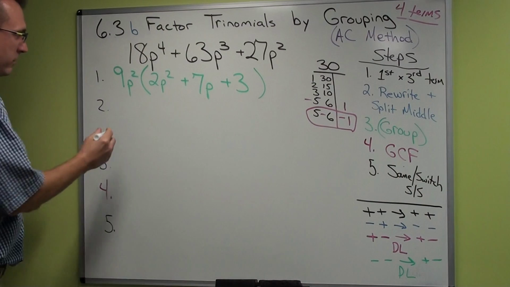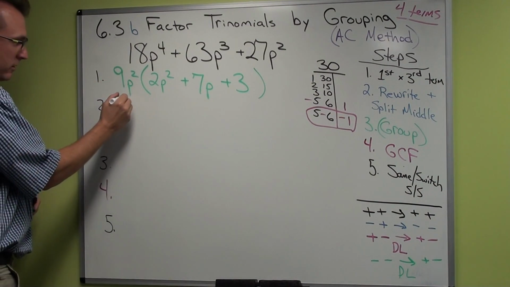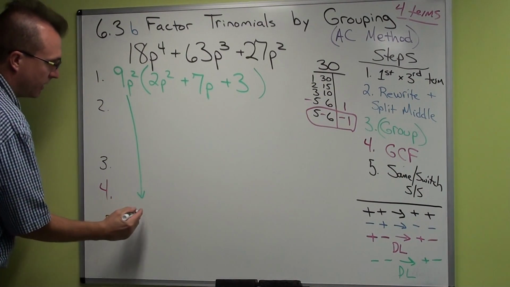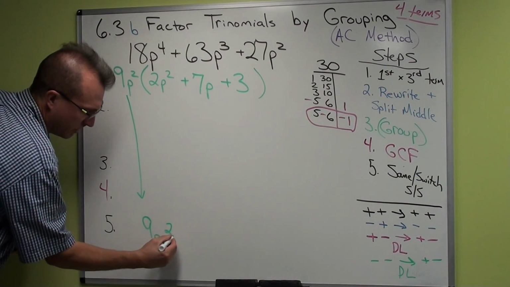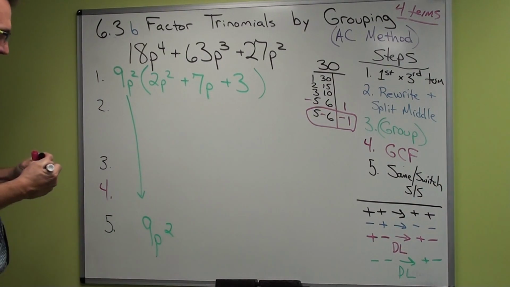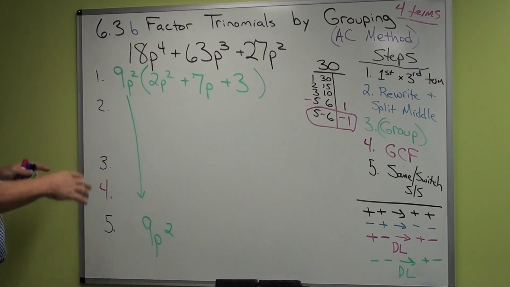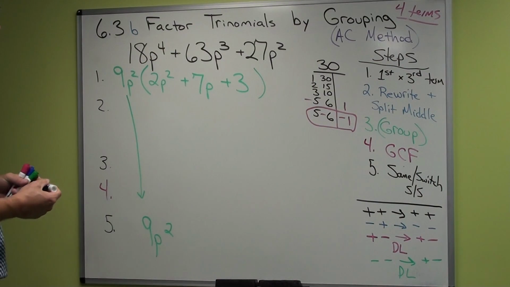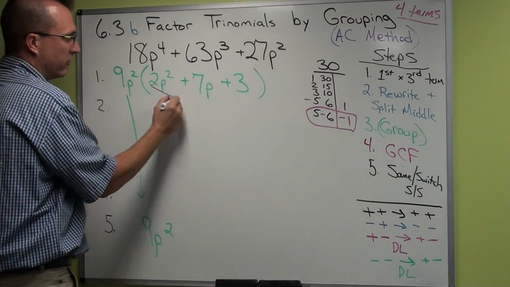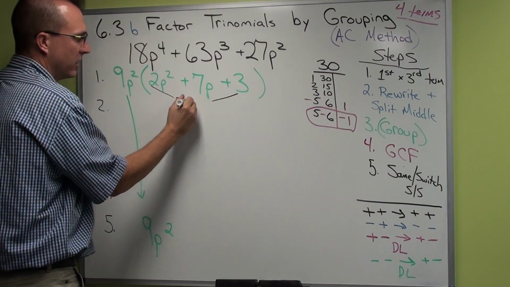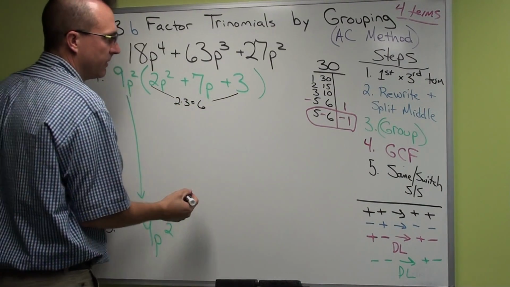Okay. Now I would just do the same thing if you're okay with it. Bring this all the way down to the bottom: 9p squared. Wherever you plan on writing your answer, we'll leave that down there because you need that there or else it's all wrong. This is a lot of work to get wrong. Alright, first times third. 2 times 3 equals 6.